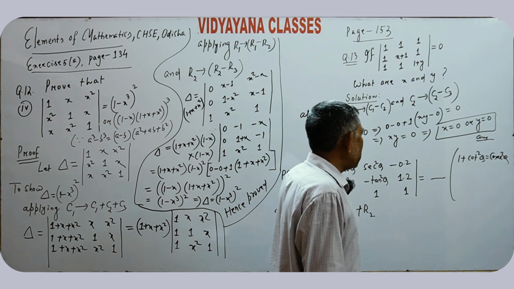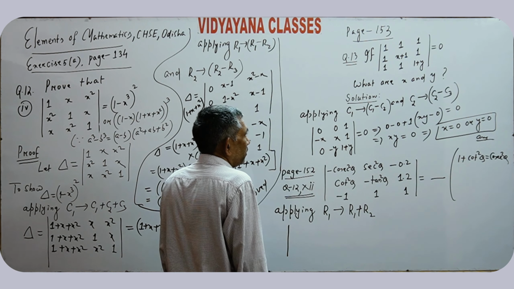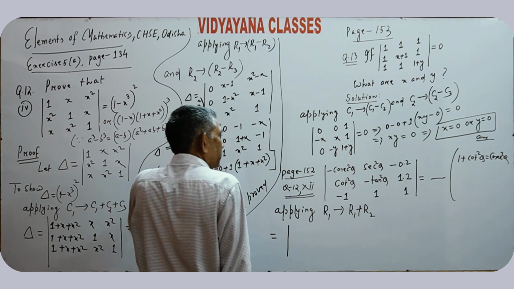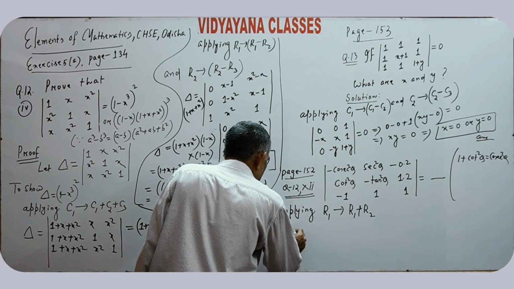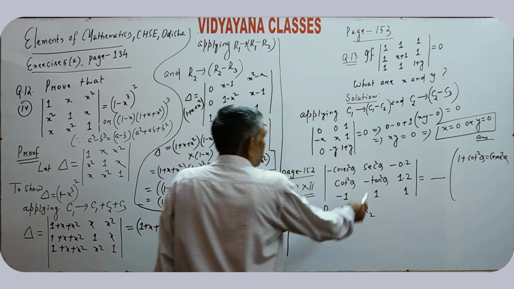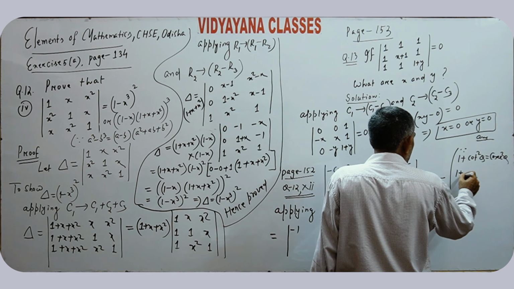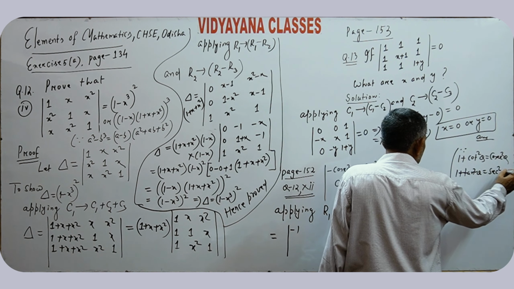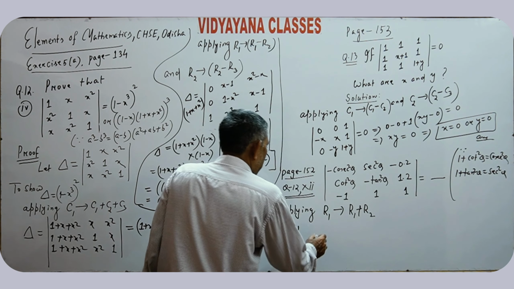So minus cosec square theta plus this, minus 1. Sec square minus tan square: 1 plus tan square theta is equal to sec square theta. So sec square theta minus tan square theta is equal to 1.